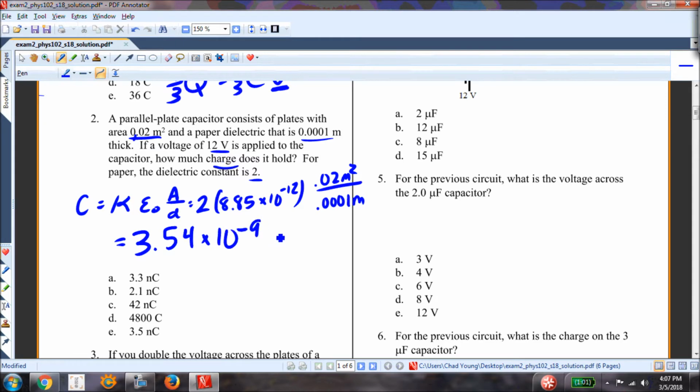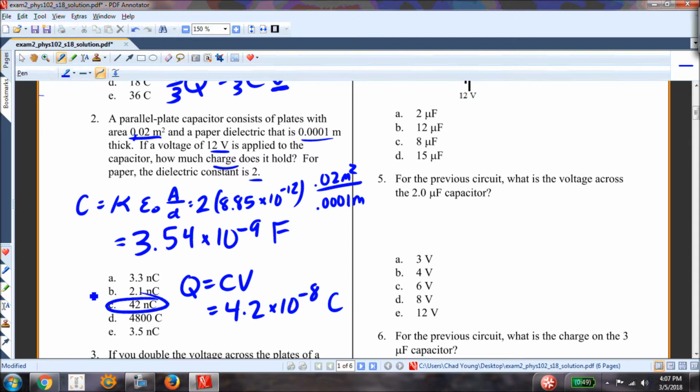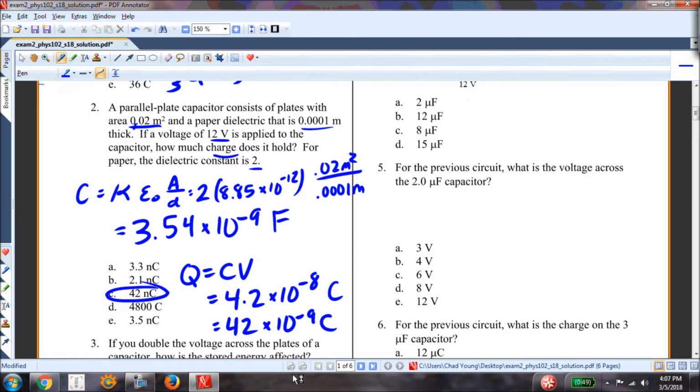But that is the capacitance. And then if I want to know Q, it's Q equals C times V. That value times 12, and I get 4.24 times 10 to the minus 8. That's in coulombs, but that's going to be 42 times 10 to the minus 9 coulombs, or 42 nanocoulombs. So C is the answer for number 2.